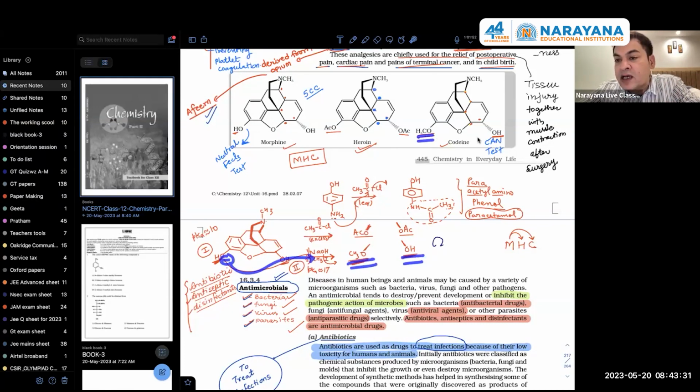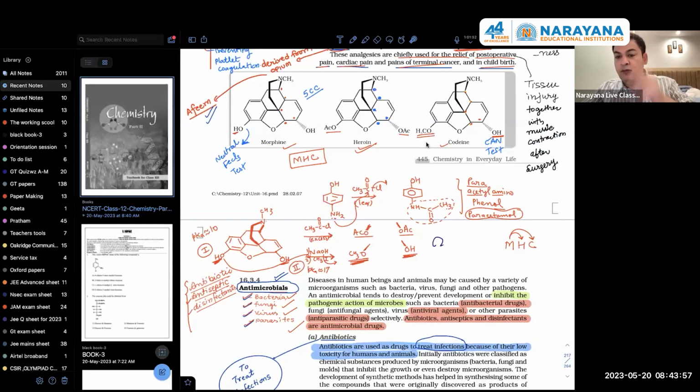One OCH3 and one OH becomes codeine. So for these two alcohols, excess acylation makes both OAc, which is heroin. If I use only one NaOH, the most acidic H is gone, this O minus attacks methyl iodide, becomes OCH3, and now it becomes codeine.